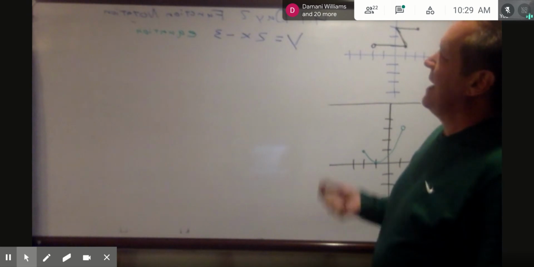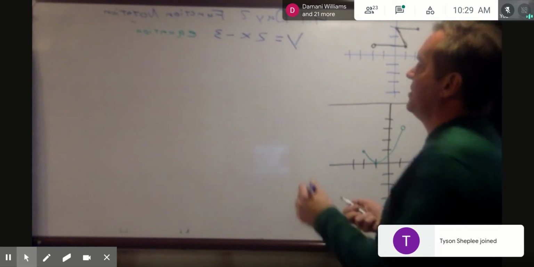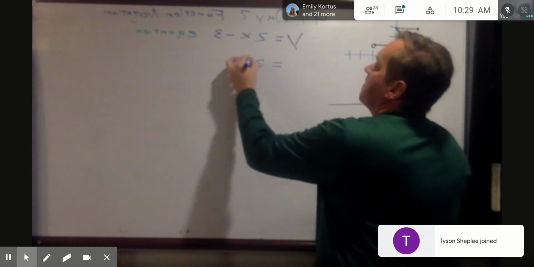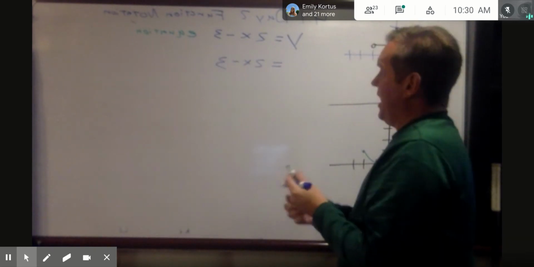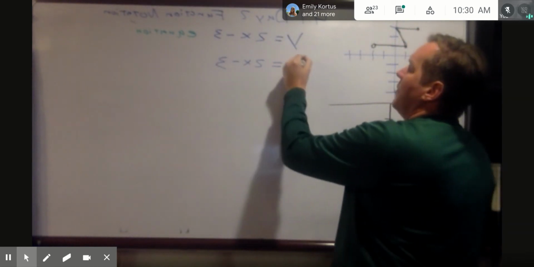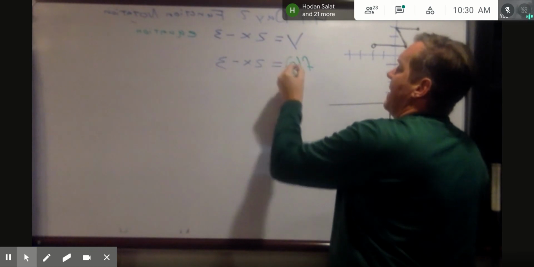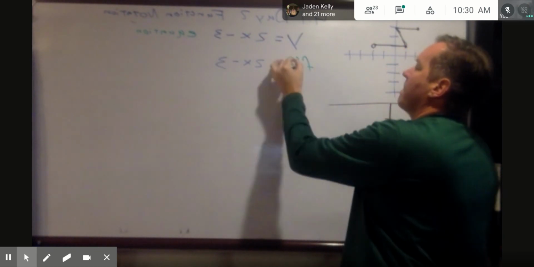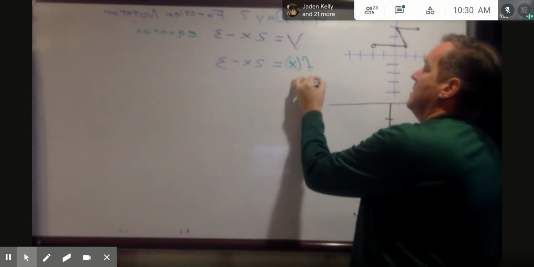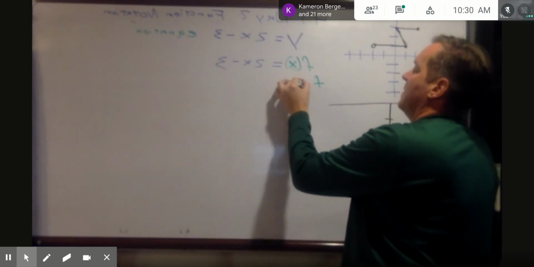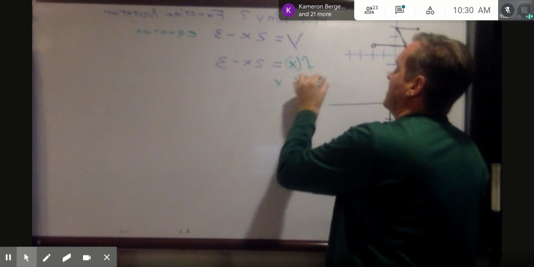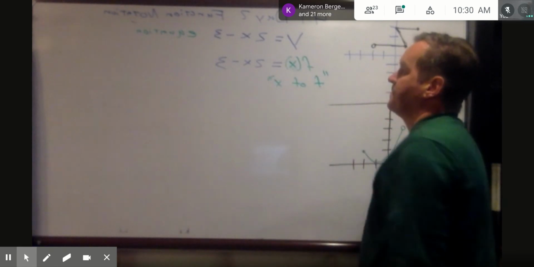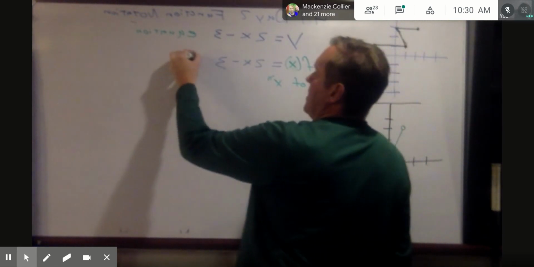I'm going to write the same exact equation as a function by making one change. Instead of writing y here, I'm going to write f of x. It's pronounced f of x. That's how you say this. This is a function.